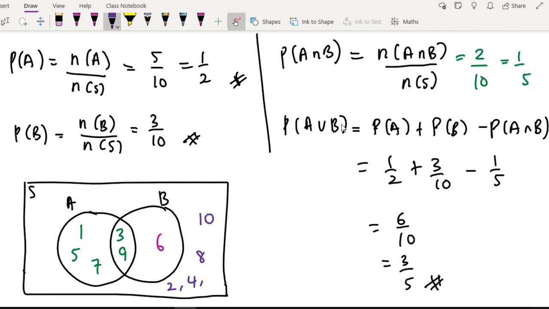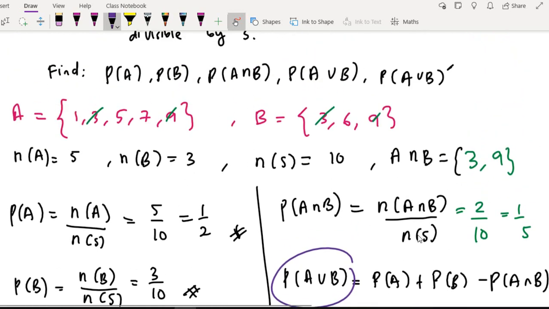And for A union B, calculating all: 1, 2, 3, 4, 5, 6, so 6 out of 10, or 3 over 5.